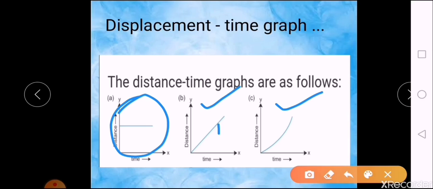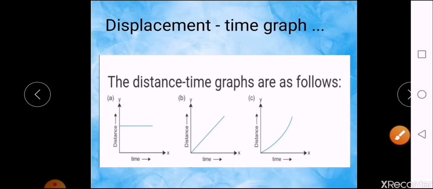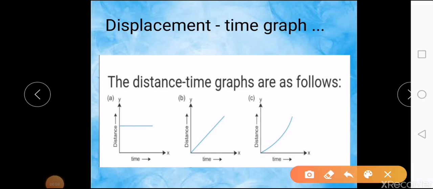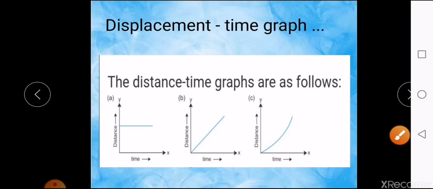Slope means, at any point, distance by time, which will automatically give you velocity. That is your slope. In a curved graph, you find the slope like this: wherever you draw a tangent, at that point of tangent you calculate the slope, and that will be the slope of that particular curved surface.